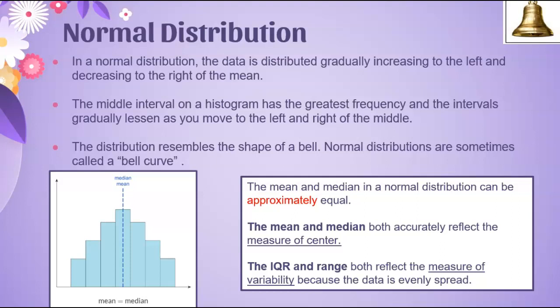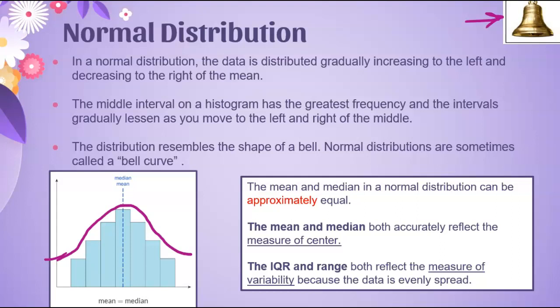On the left-hand side, it is slowly increasing in value. It gets to a point in the middle of the data, and then on the right-hand side, it is decreasing in value. See how that makes a really nice bell curve? It's shaped like a bell. So think of a normal distribution as a bell curve.